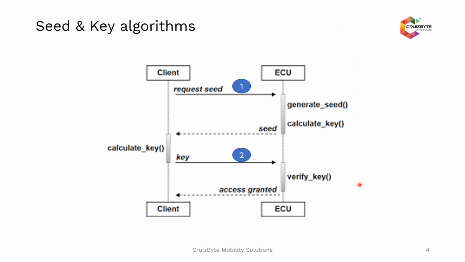So this entire process is called the seed and key algorithm. So the highlight of 1 and 2 made here is to explain that there are two requests being sent. One is seed and the other is key, in order to perform the final requested operation in terms of security access SID.